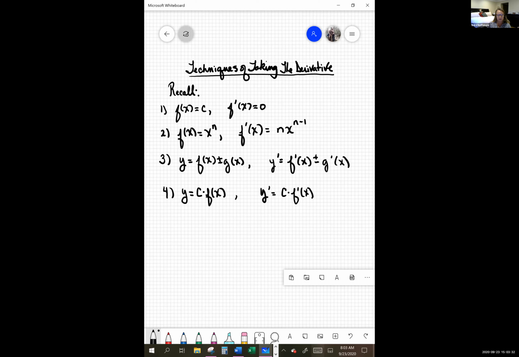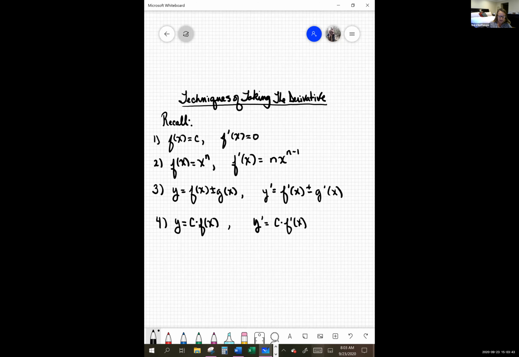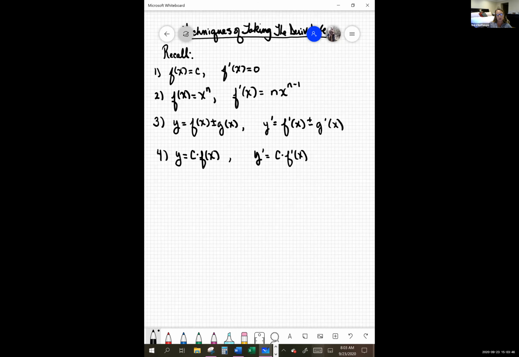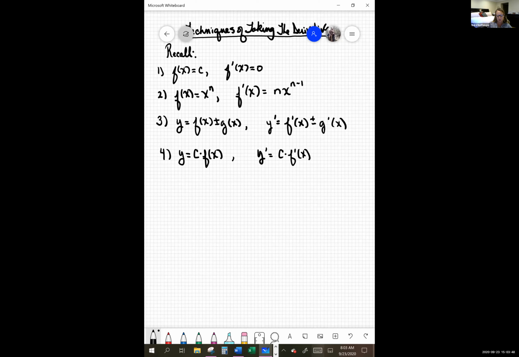We can take the derivative of the first term plus or minus the derivative of the second term. And then the last rule we saw, that is if you have a coefficient in front of x to the nth power, then you basically can take the derivative of x to the nth power and multiply it by that constant in front. Okay, so let's just jump in.